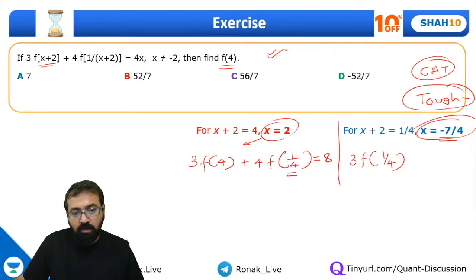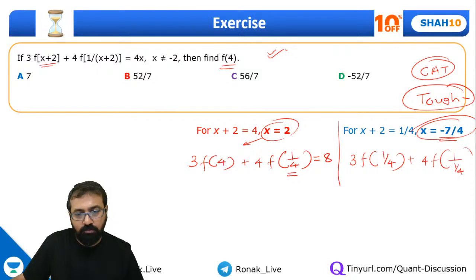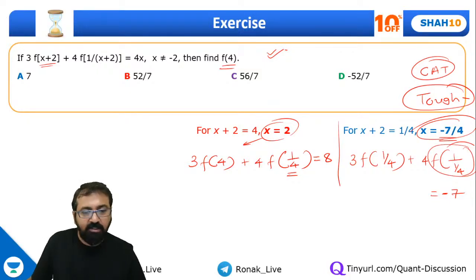So I'll get 3 f of 1 by 4 plus 4 into f of, now x plus 2 over here. So again, it will come out to be 1 upon 1 by 4, which is nothing but 4. And this will be equal to minus 7. Instead of x, I'm putting minus 7 by 4, so this will come out to be minus 7. And this is nothing but f of 4.